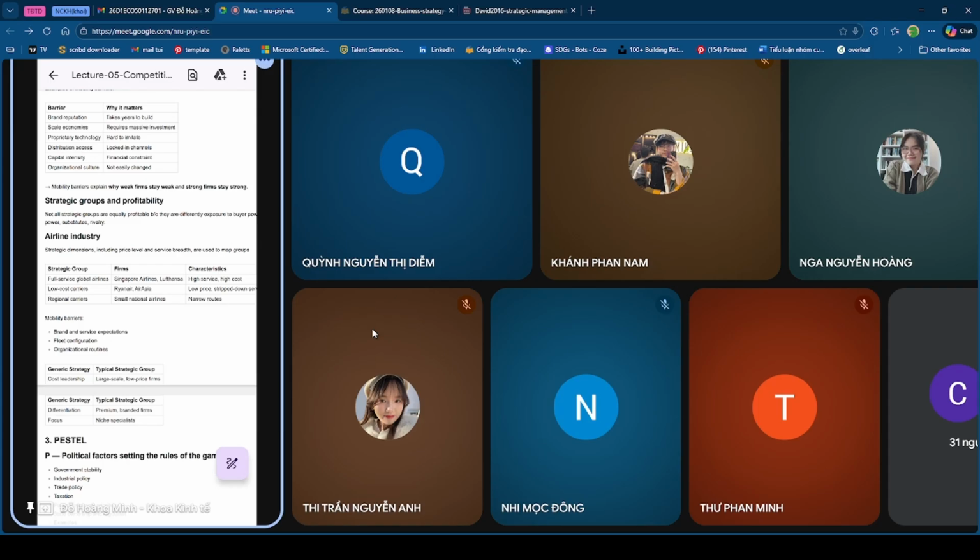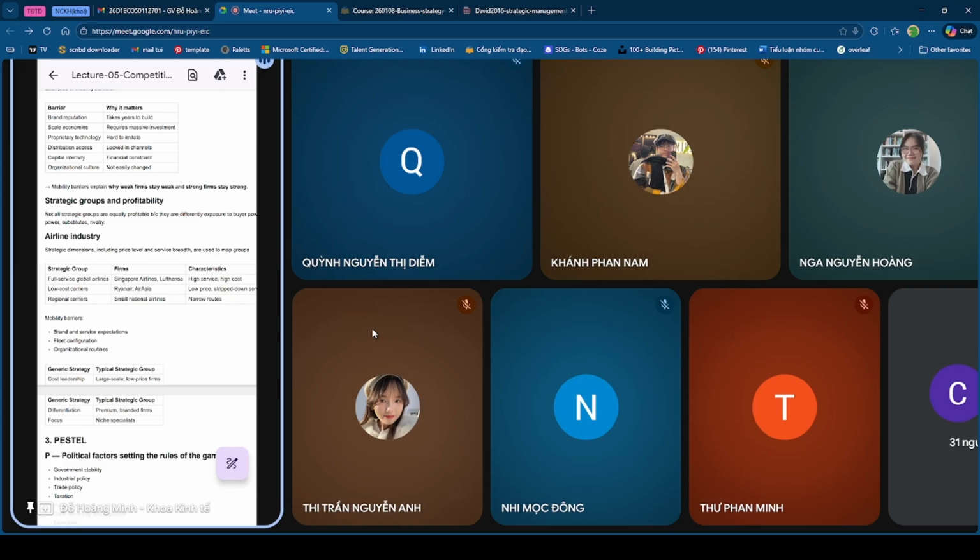And how can I map the airline industry? The first step is I have to find what strategic dimensions play the most important role in classifying the firms in the industry.